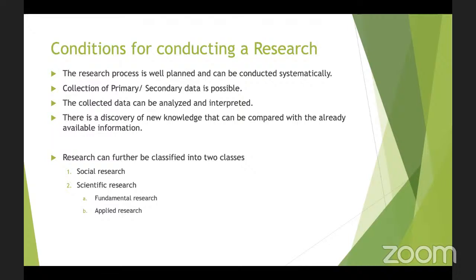So, yes, that is also possible. Can the data be analyzed and interpreted? Yes, it can be analyzed and it can also be interpreted. Then will this lead to a new discovery? Obviously, this will lead to a new discovery because we are trying to find out a possible treatment method for COVID-19. So since all the conditions are met, this can be a research question.